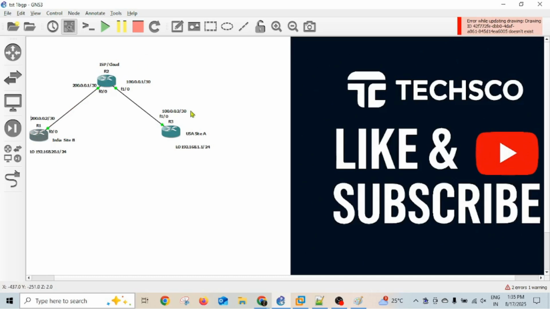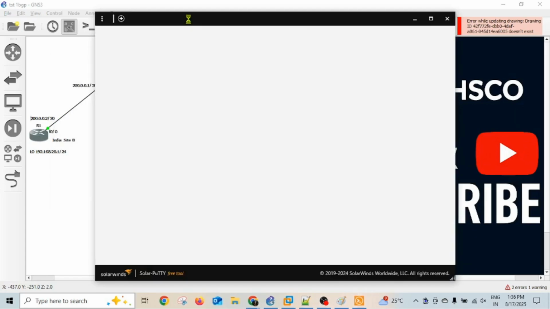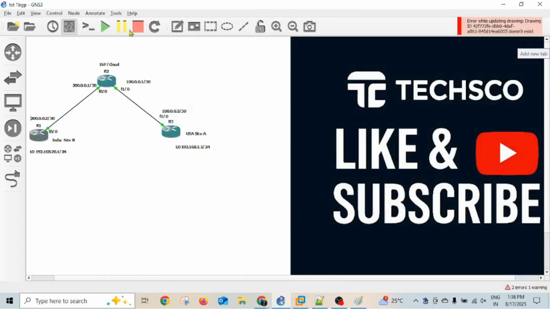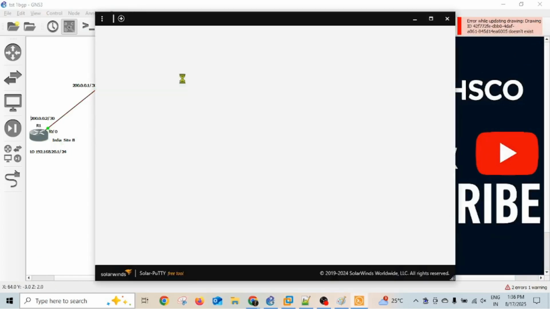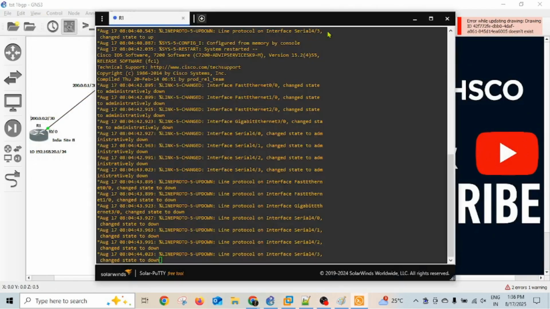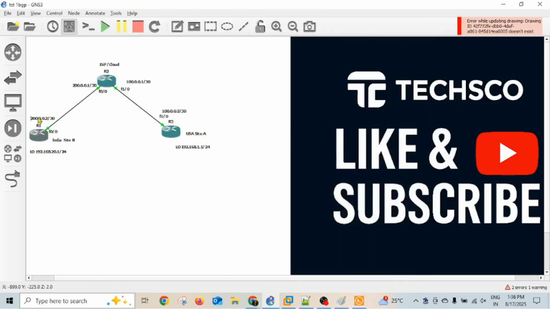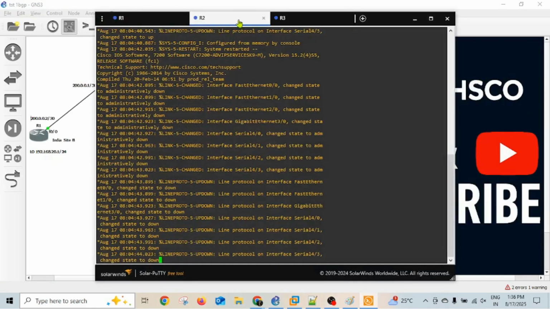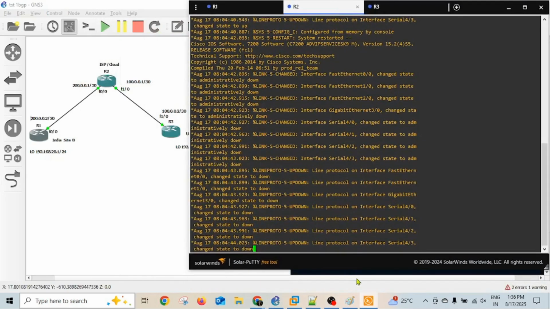In the point to point, this IP and this IP go on these interfaces. For router 2, FastEthernet 1/0 gets 100.0.0.1, and for router 3, FastEthernet 1/0 I will configure 100.0.0.2.